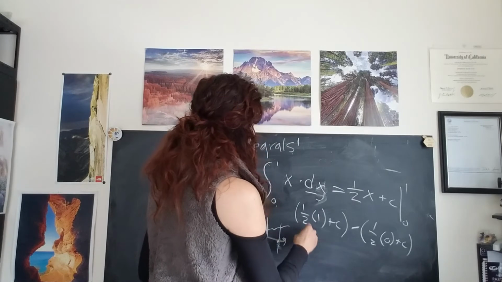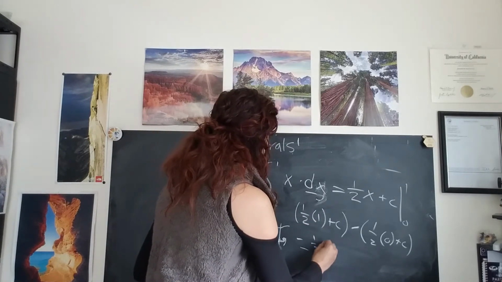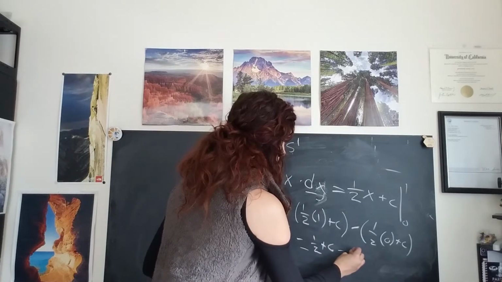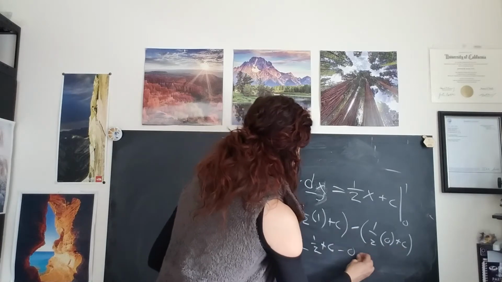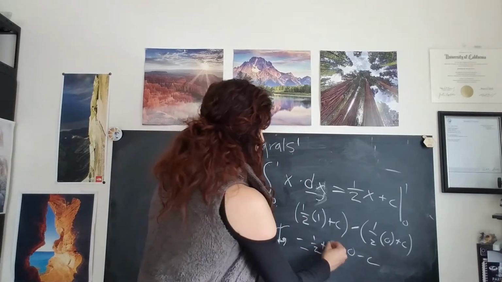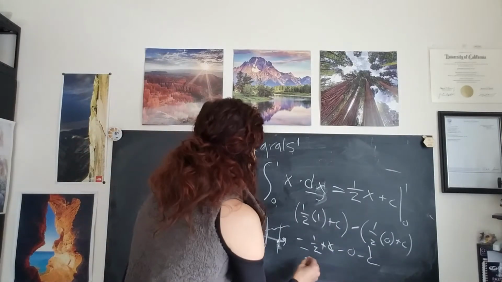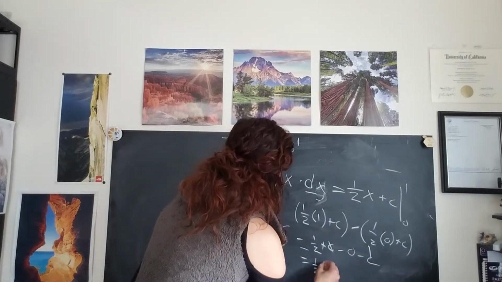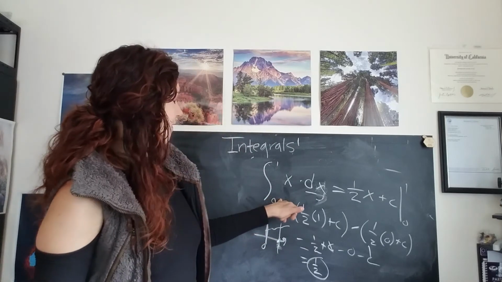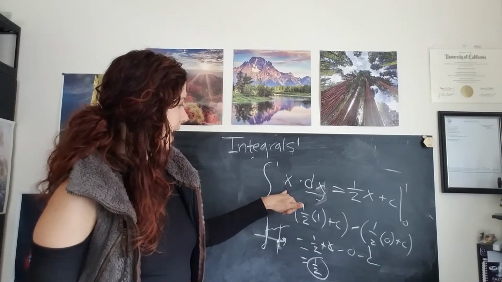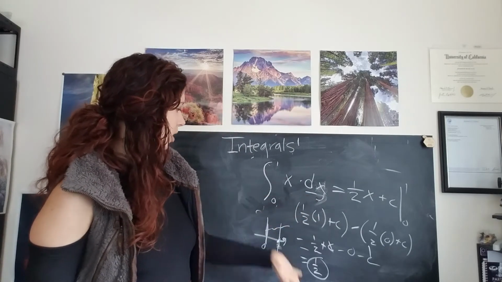And then if we simplify, this becomes 1/2 plus c minus 0 minus c. Boom! The c's cancel. Huzzah! Told you they would. And then you just get 1/2. So the definite integral of x dx from 0 to 1 is 1/2.